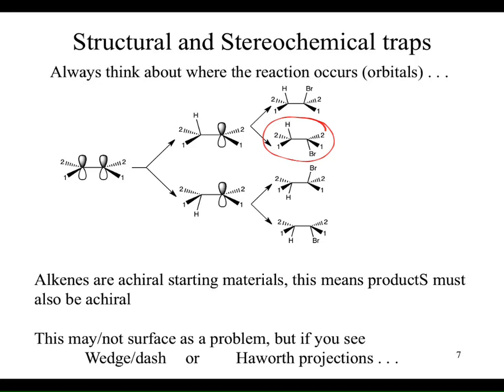With the electrophilic addition with acids, it may or may not surface as a problem. If you see wedges and dashes either in your alkene or in your final products or Haworth projections, you really need to be considering these stereochemical traps.